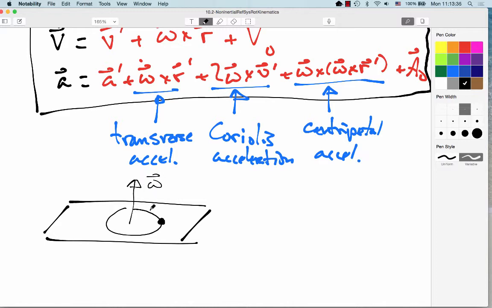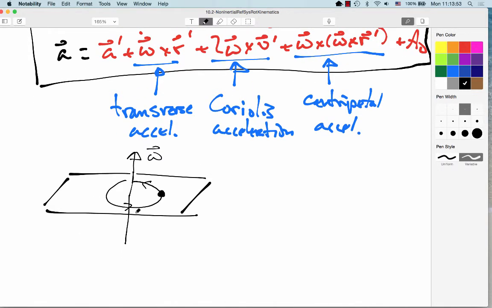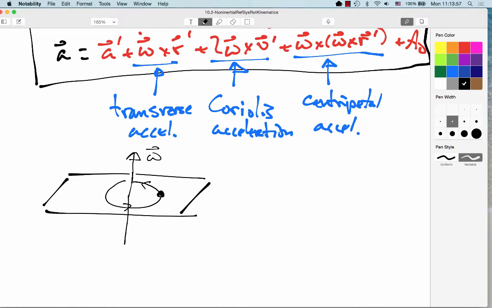So omega points straight up like that. All right, so this is our position vector r, which is also our r prime here.